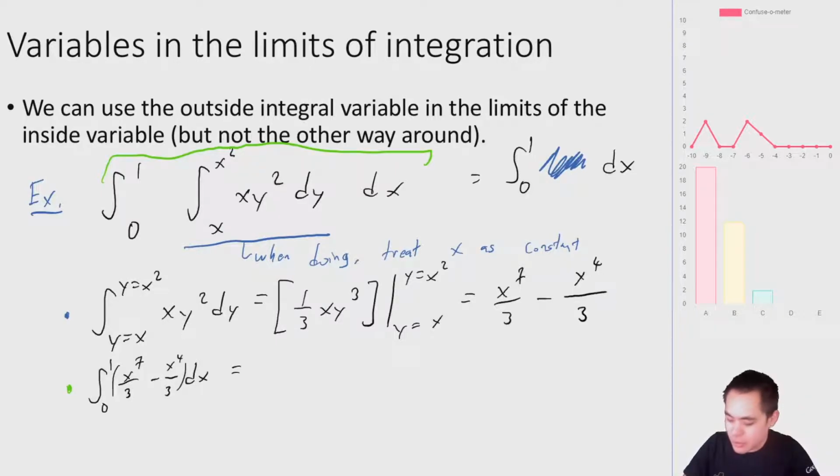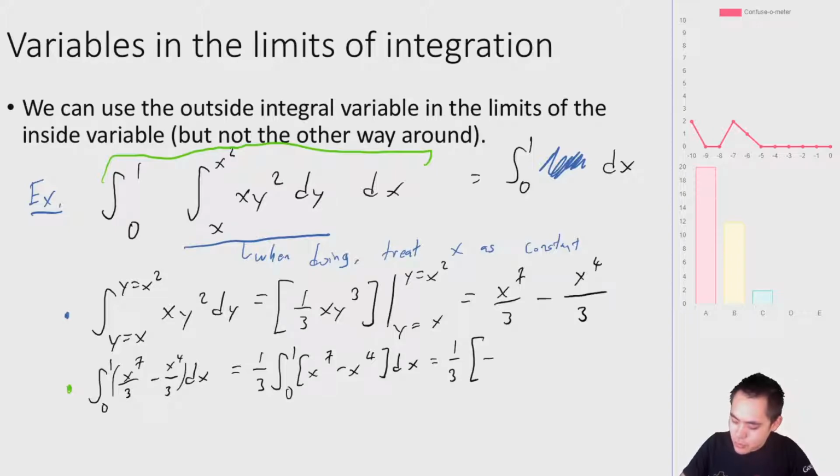And now this is going to be equal to, I'm going to rewrite it to make it a little bit easier. I'm going to pull out the 1/3 in front. So 1/3 integral from 0 to 1 of x to the 7th minus x to the 4th dx. This is equal to 1/3 times 1/8 x to the 8th minus 1/5 x to the 5th from x equals 0 to x equals 1.